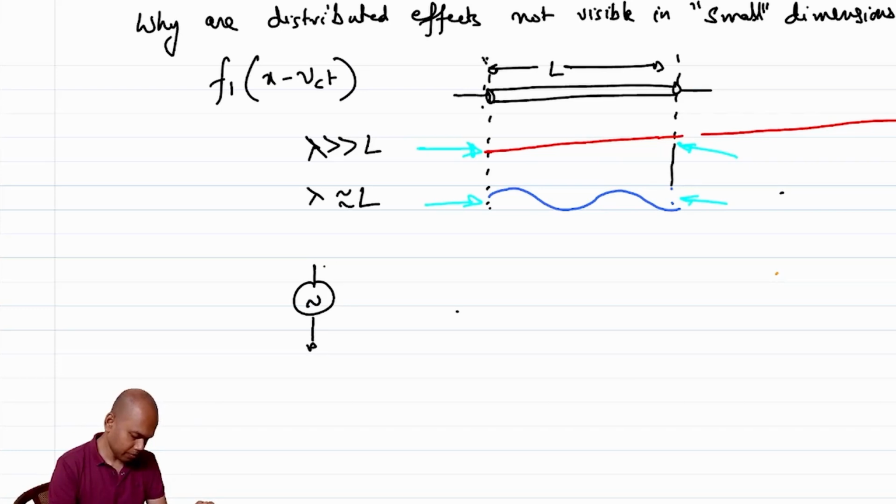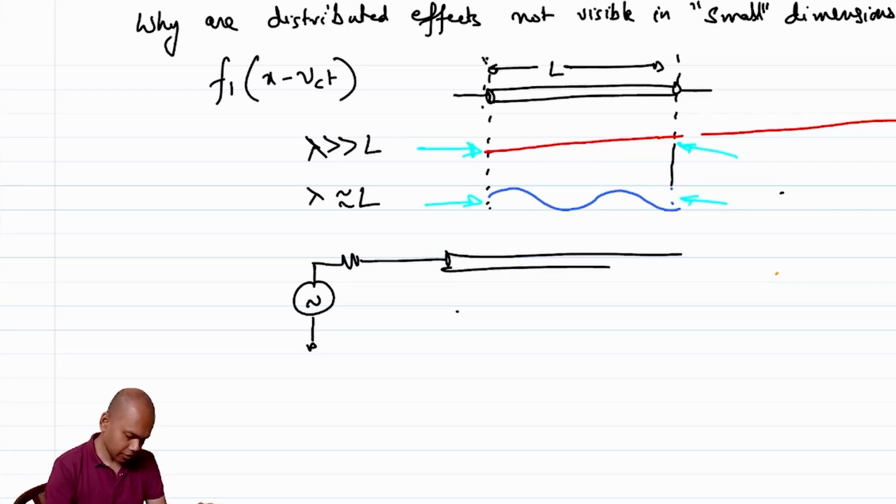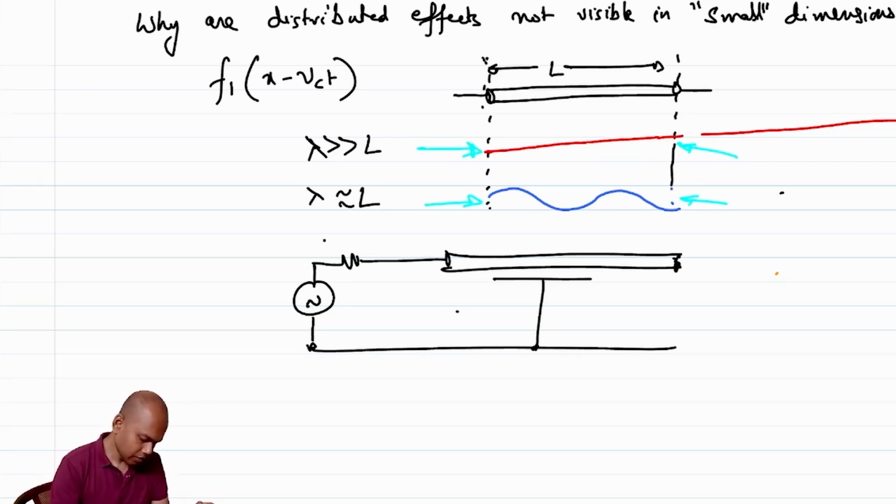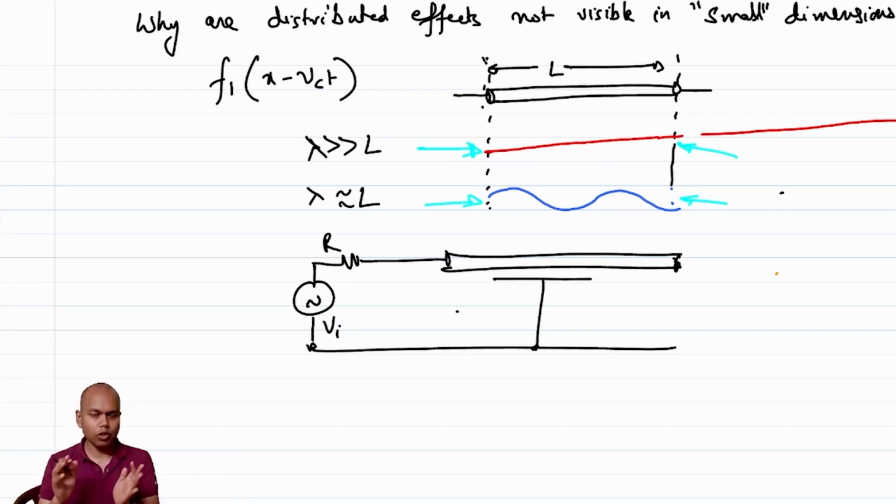we have some long transmission line, right? This is R. And let's assume that we have some wavefront, a sinusoidal wavefront, that is launched from this input port. Further, let's assume that it's a monotonic signal of frequency omega.